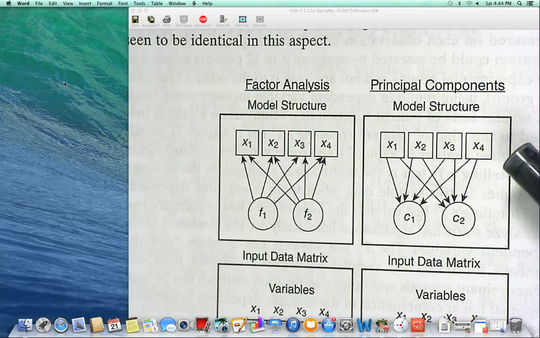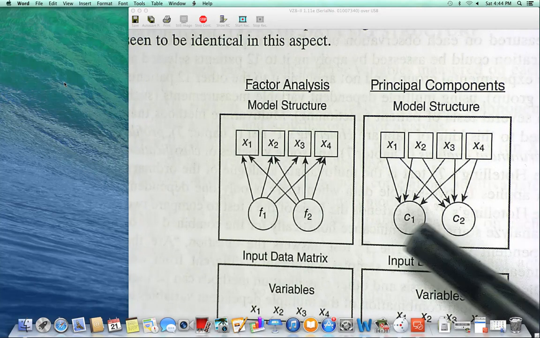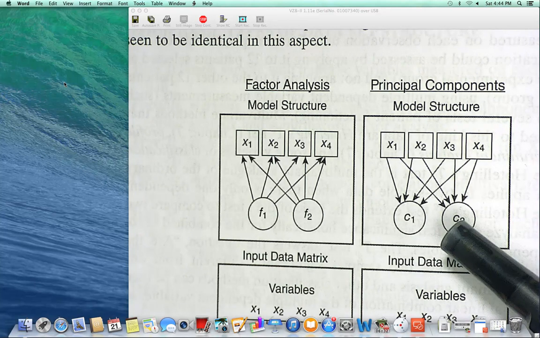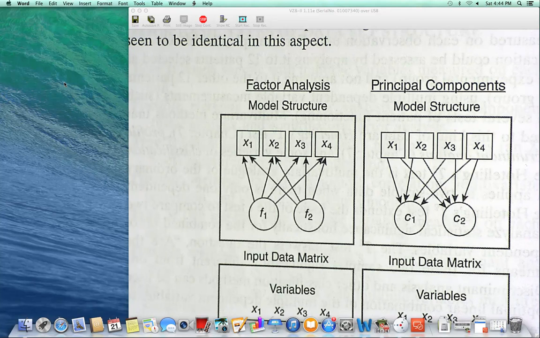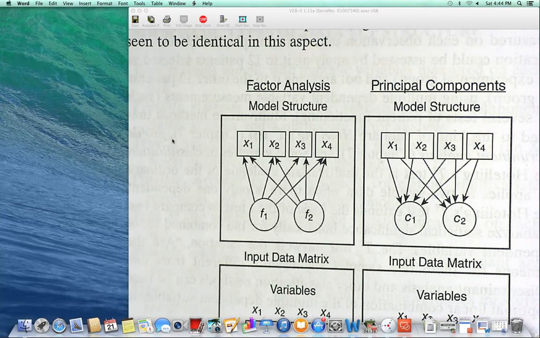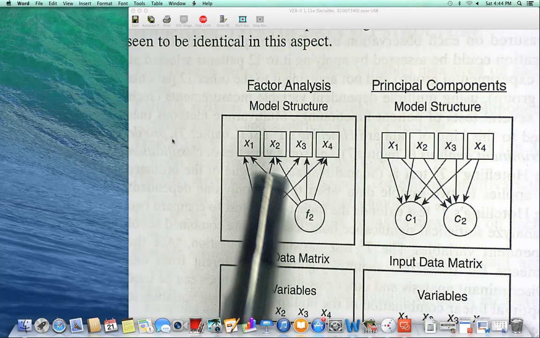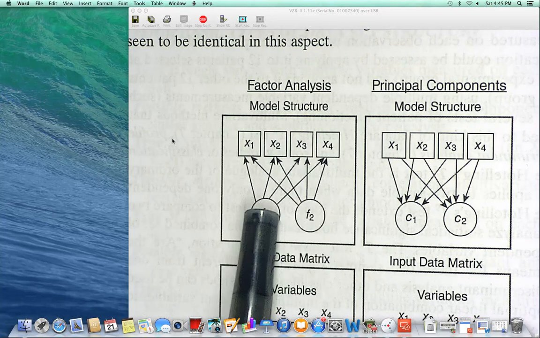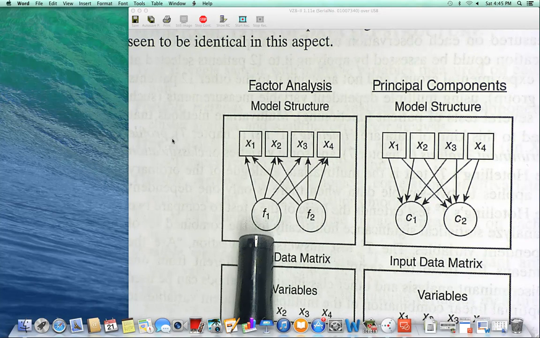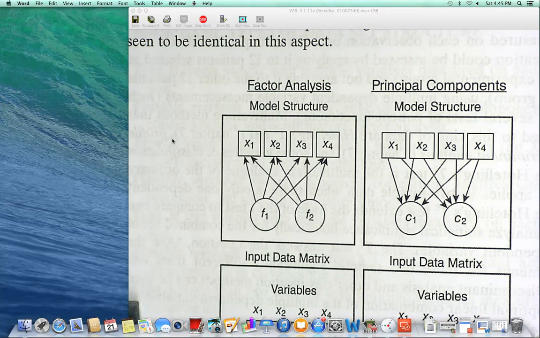And those observations are what drive these, you can call these latent factors if you wanted, or as I just stated, linear combinations of the factors, or empirically real factors here. Whereas with factor analysis, we have the observations that are driven by these latent factors, these theoretical or hypothetical factors.